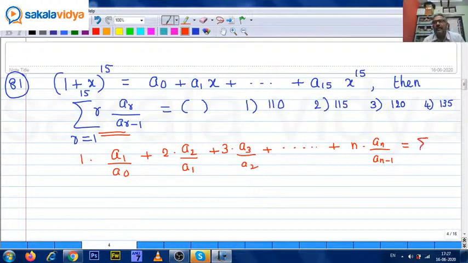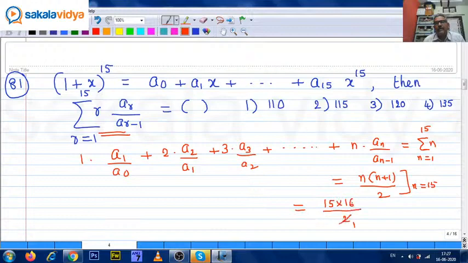This will be sigma n, n is equal to 1 to 15. So this equals n times (n plus 1) upon 2 at n is equal to 15. Substitute the value: 15 times 16 upon 2. 2 ones are 2, 8. 15 times 8 is 120. So answer is 120. Third option is the right option.